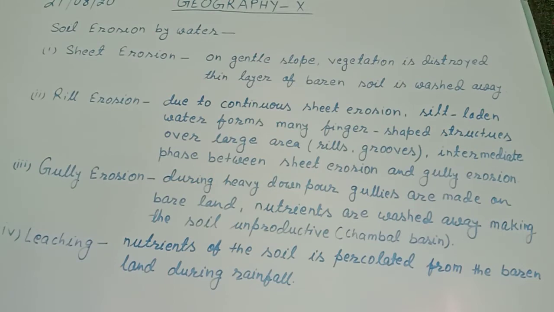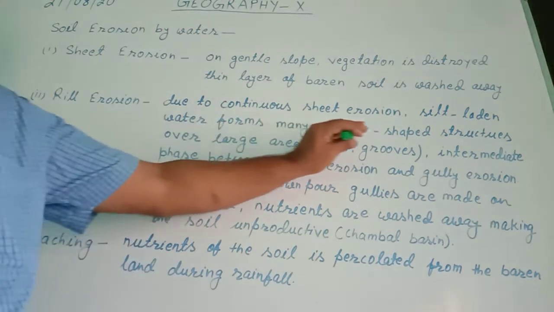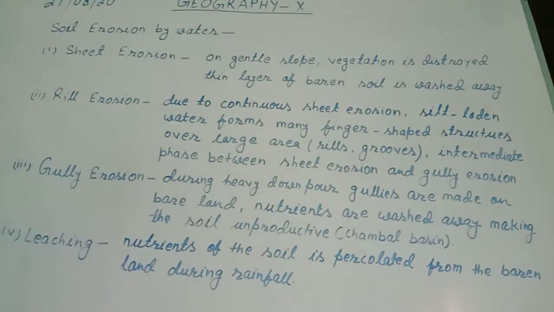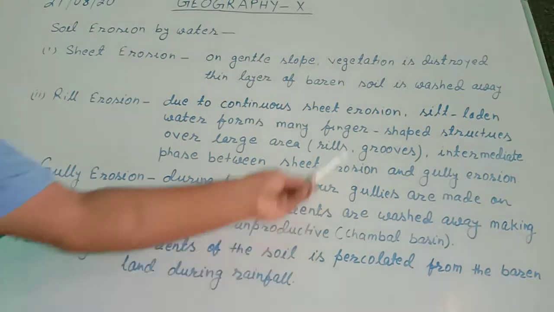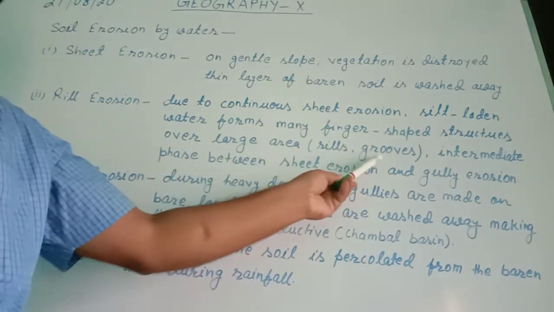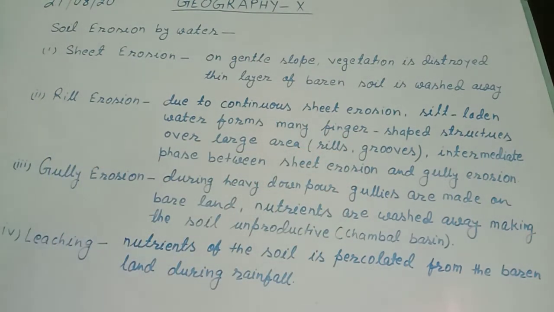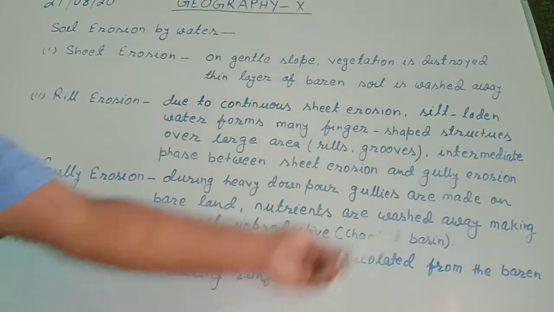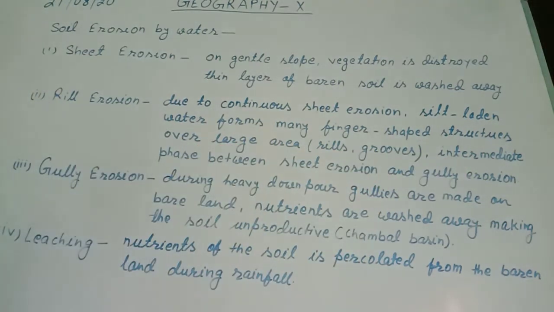That type of water forms many finger-shaped structures, like the fingers of the human body, over a large area. These finger-shaped structures are called rills or grooves, and the process of this erosion is named rill erosion. Rill erosion is the intermediate phase between sheet erosion and gully erosion.